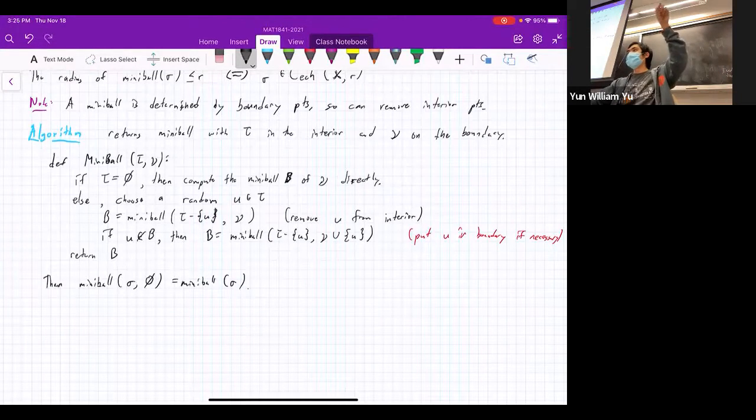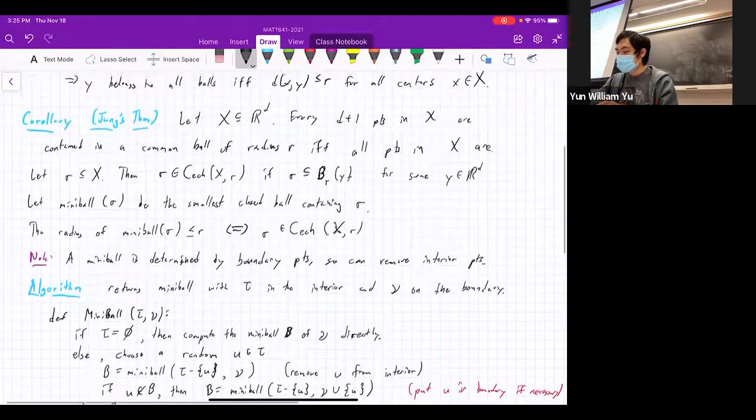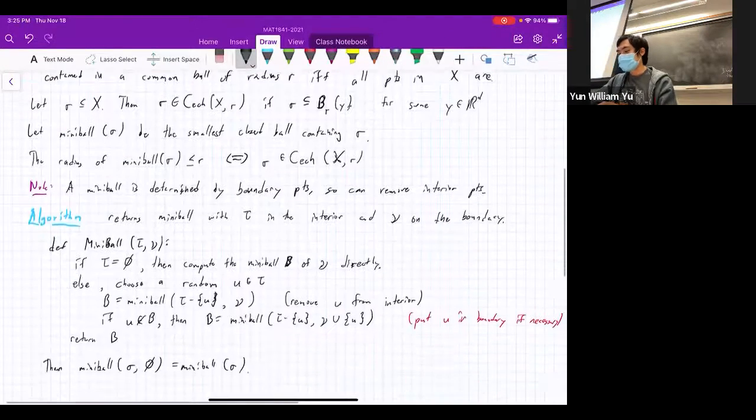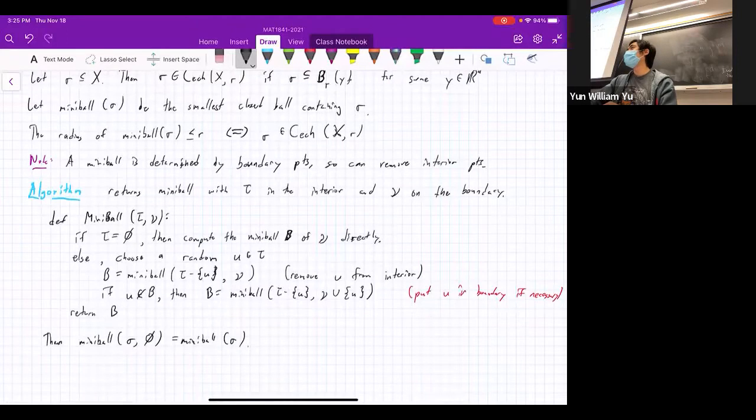And then in each step you either subtract it out or you move it over into the boundary. Let's say we have n points. Let's say the size of sigma is n. So how long does this take?